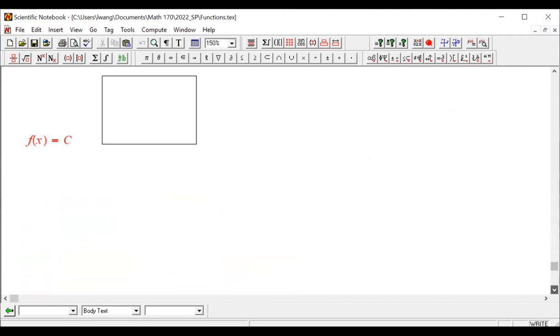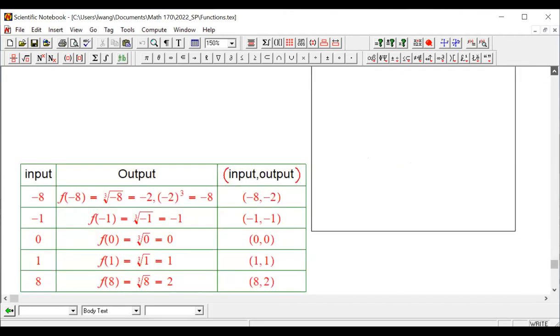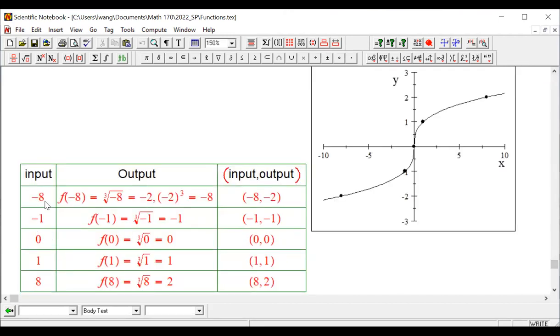Okay, so we plotted some points. The inputs I plotted are -8 and -1. I chose the easy numbers. The cubic root of -8 is -2. The cubic root of -1 is -1. This way we got all of these points and we plotted them respectively.